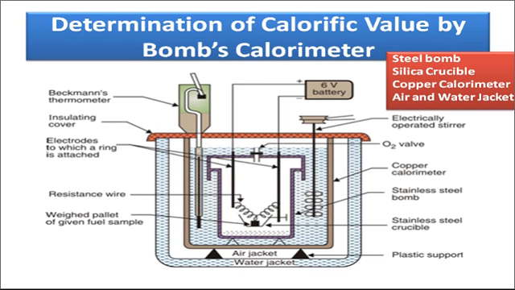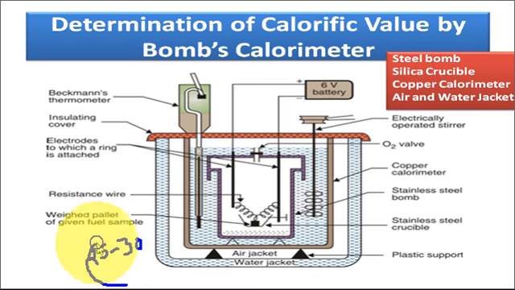Over it, a fine magnesium fuse wire is placed. This is the magnesium fuse wire. This magnesium fuse wire, touching the fuel sample, is stretched across the electrodes. Oxygen is supplied through this oxygen valve till the pressure reaches between 25 to 30 atmospheric pressure.